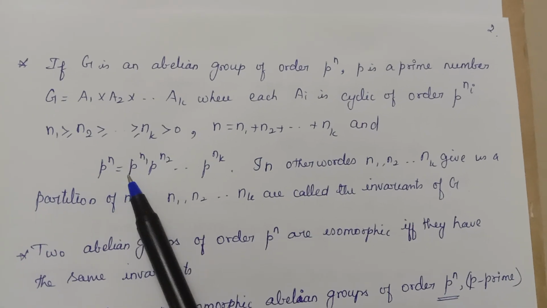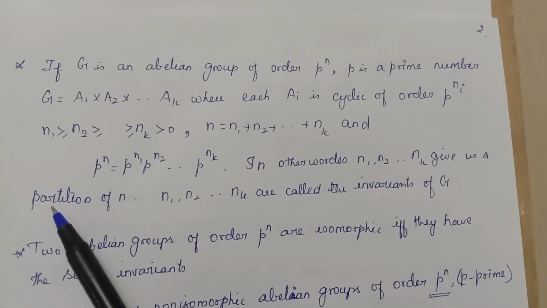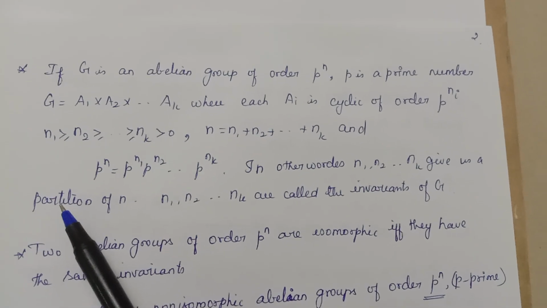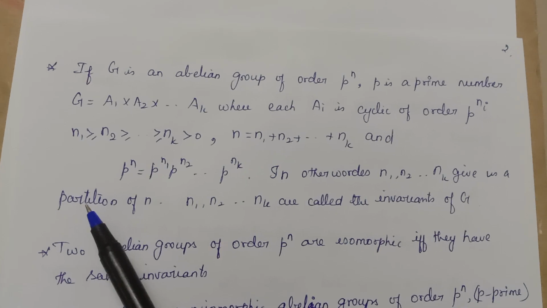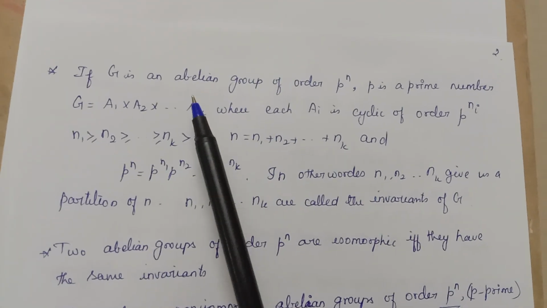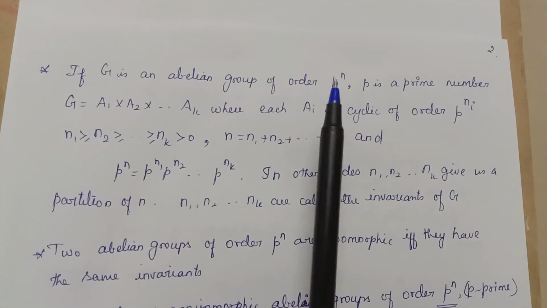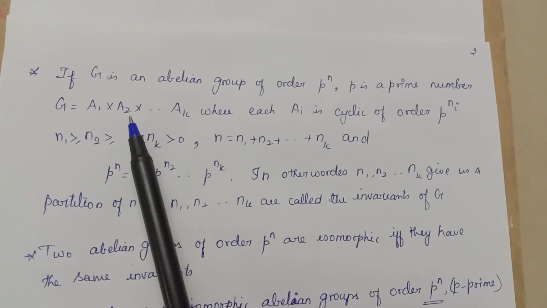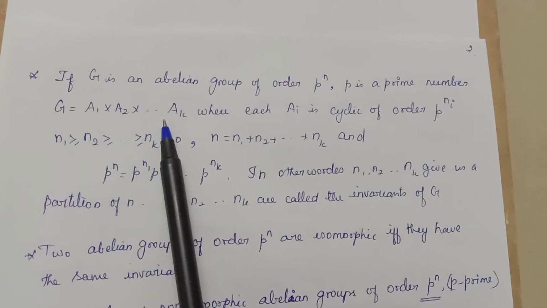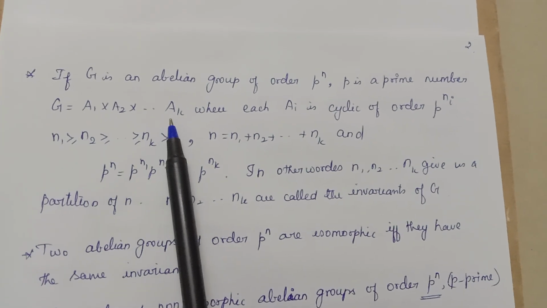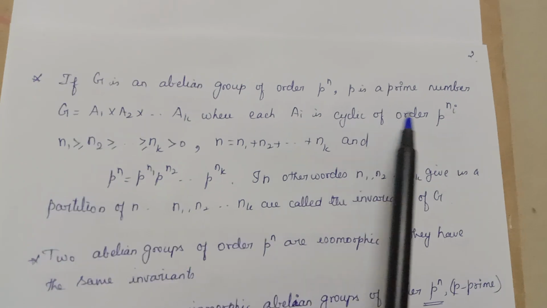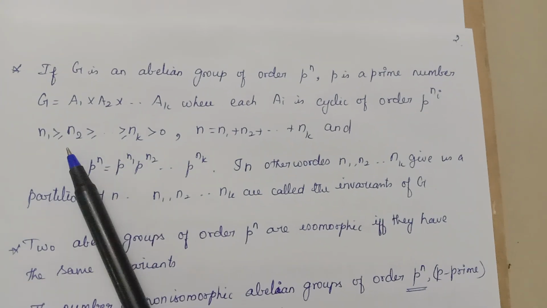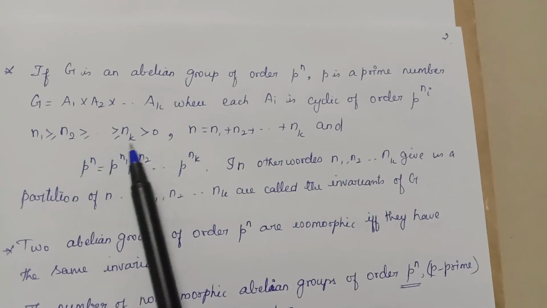So this theorem states, in the previous one what we have seen, G is an abelian group of order a product of powers of distinct prime numbers. Here suppose G is an abelian group of order P power n, then still we can decompose it as a direct product of K number of its subgroups. Each one is cyclic with order P power ni, the same prime number with different powers. The powers form a sequence, n1 greater than or equal to n2.